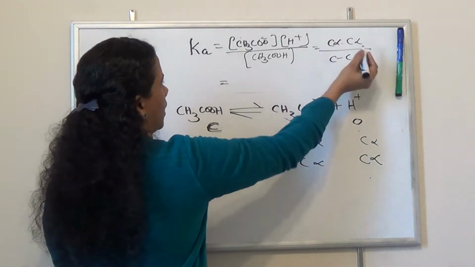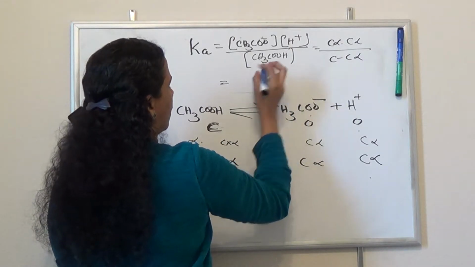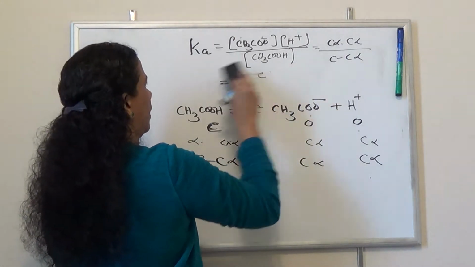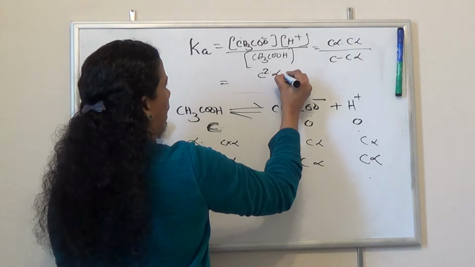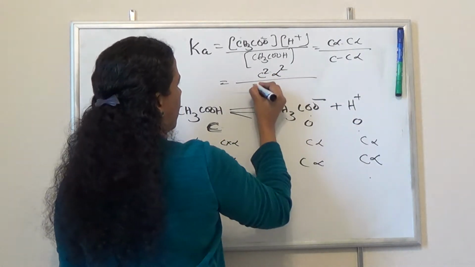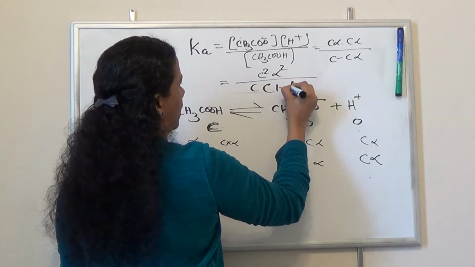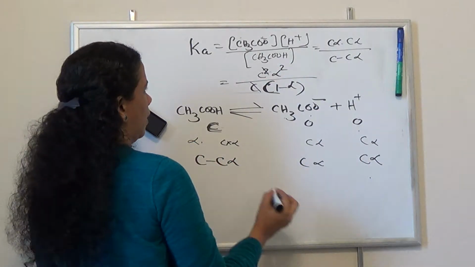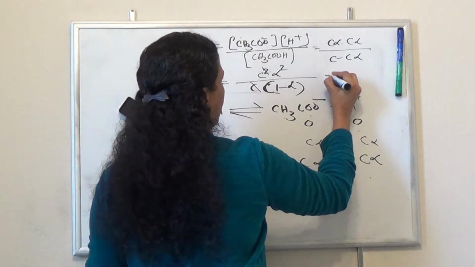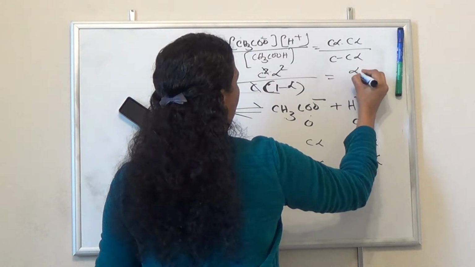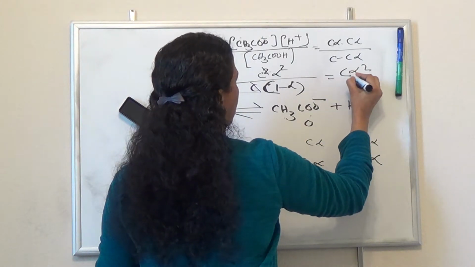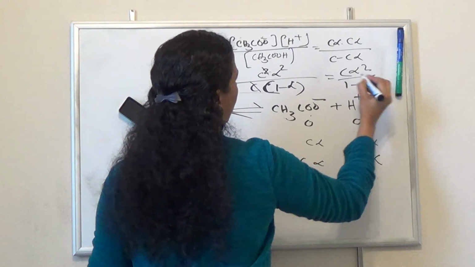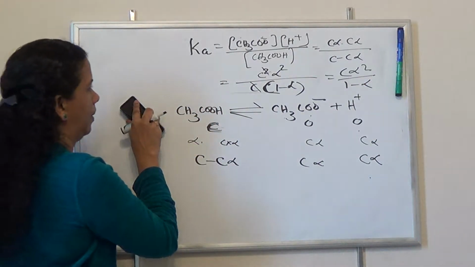On simplifying, C square alpha square divided by C times 1 minus alpha, so one C will cancel.